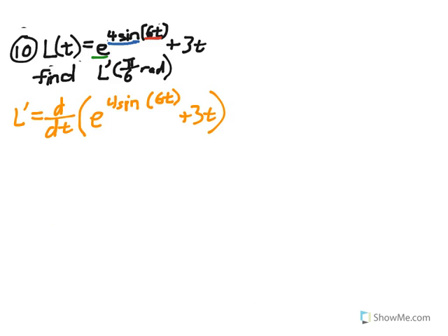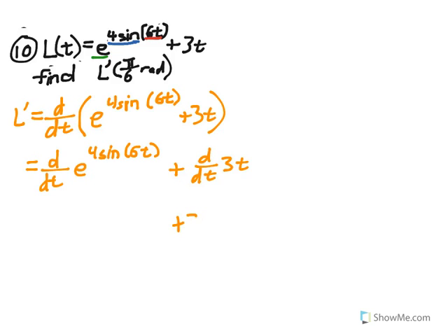In other words, we can distribute the d dt around the plus sign. So this becomes the derivative of e to the 4 sine 6t plus the derivative of 3t. Well, the derivative of 3t is easy. It's just apply the power rule. 3t is 3t to the first power, and so this becomes just a plus 3.